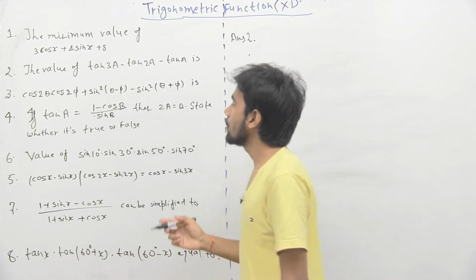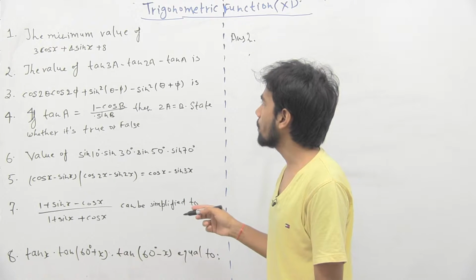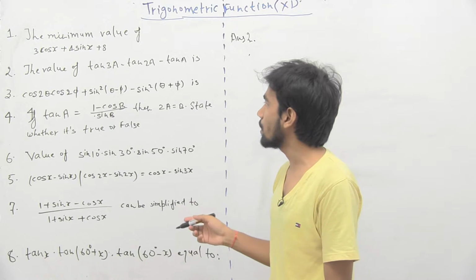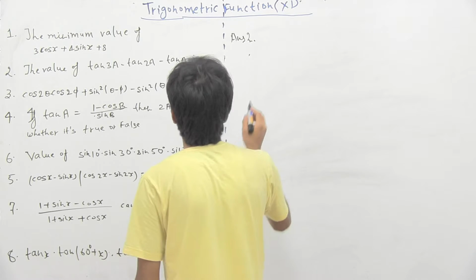Now question number 3. Cos 2 theta into cos 2 phi plus sin squared theta minus phi minus sin squared theta plus phi. We have to simplify this function.